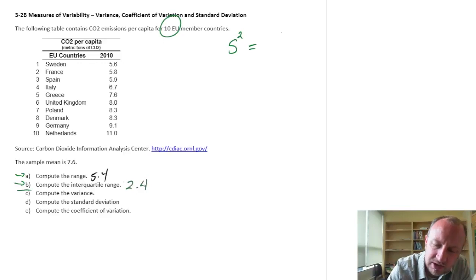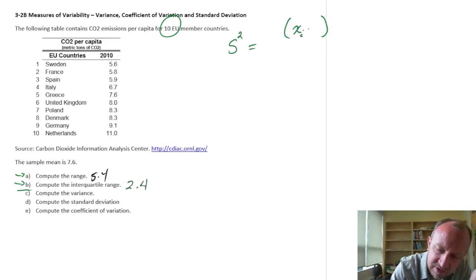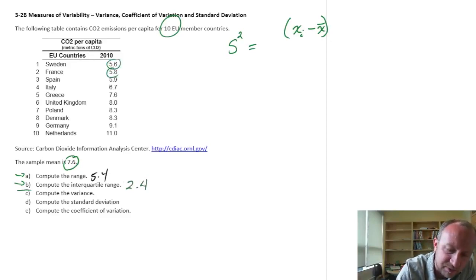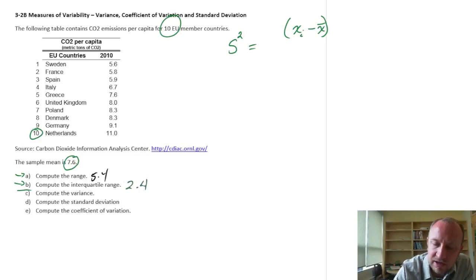And what we're going to be doing, we first need to calculate all of the differences between individual observations and the mean. So our mean is given to us, this is here 7.6. These individual observations, xi, those are each of these observations in this data set. So we're going to be doing 10 differences because I have 10 observations.